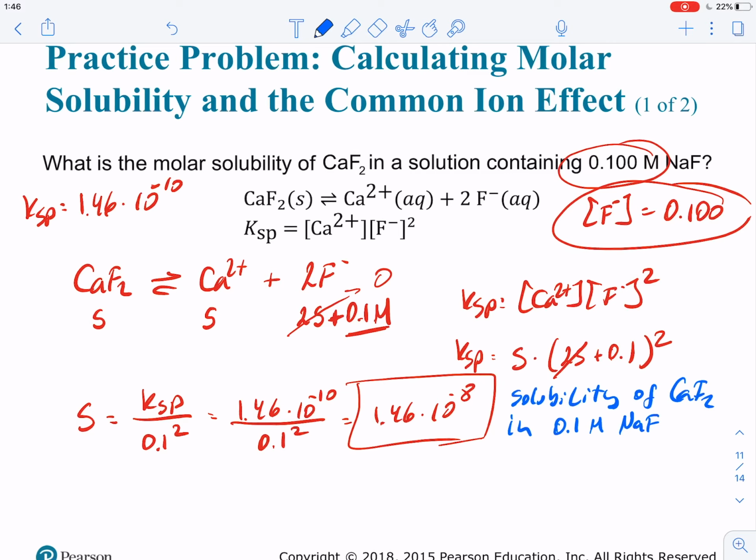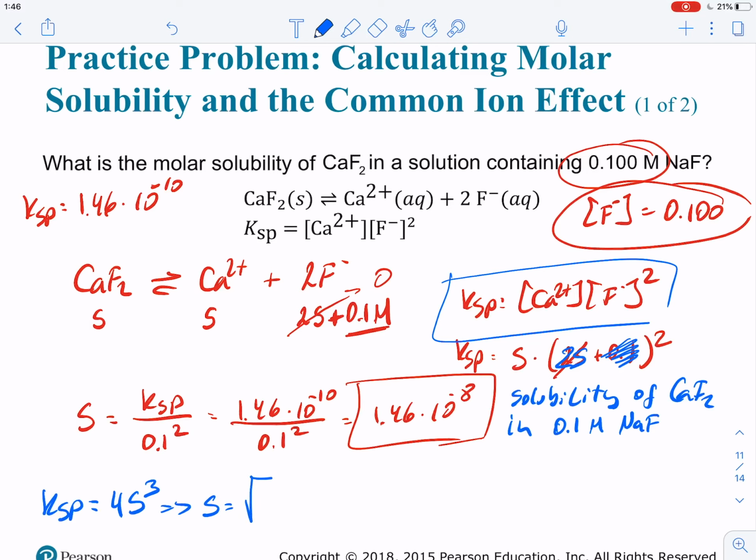Well, we are back here, right? If we forget about this part and we keep our 2S here, then we end up with Ksp being equal to 4S cubed. Therefore, S would be the cubic root of one fourth Ksp. And if you plug in the numbers, you end up with 3.32 10 to the negative 4.